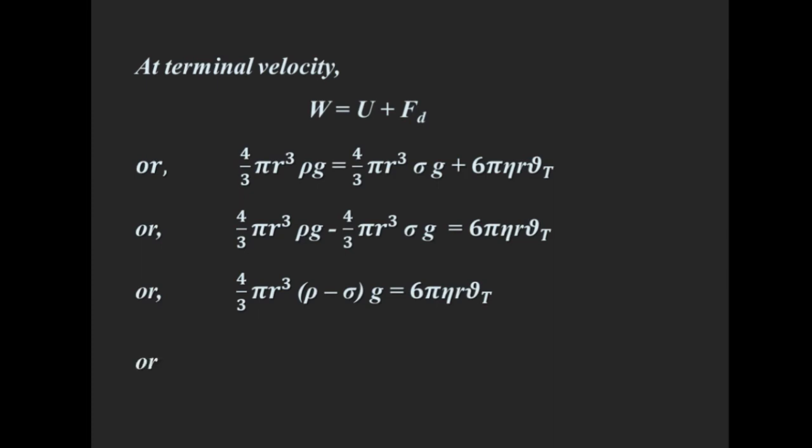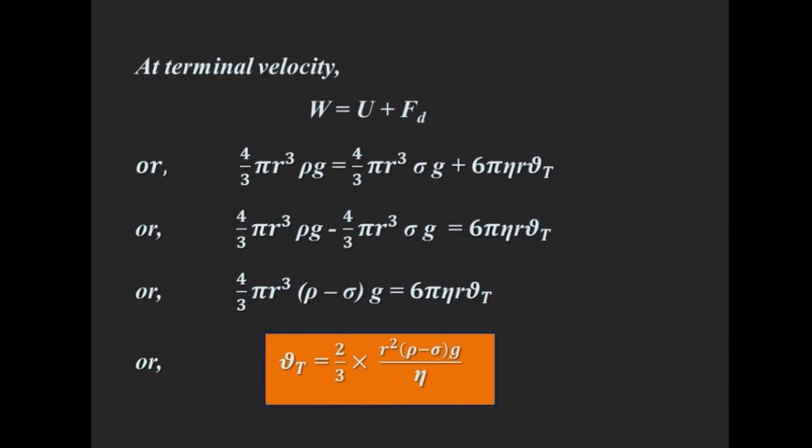Therefore we get vt equals 2 by 9 times r square (rho minus sigma) g divided by eta. So this is our required expression for terminal velocity.